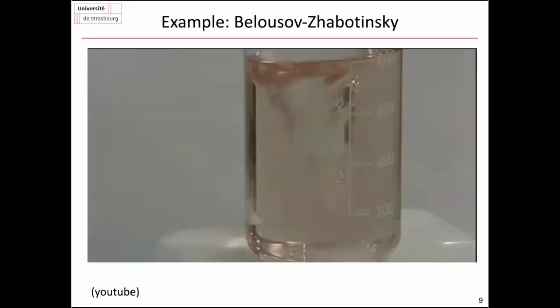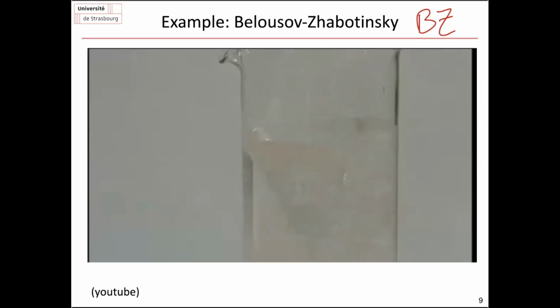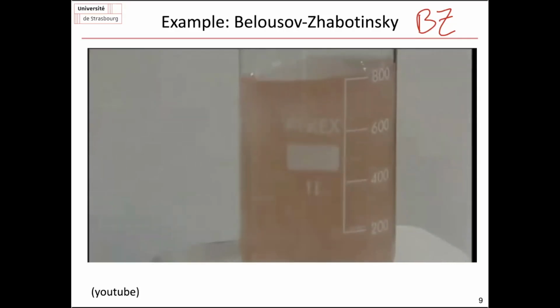Okay, so let's look at the Belousov-Zhabotinsky reaction, or BZ reaction, as most people call it, because it's a pretty long name, right? So the BZ reaction in a beaker. We have stirring, and we add all the ingredients at time 0. They dissolve and they start to react.